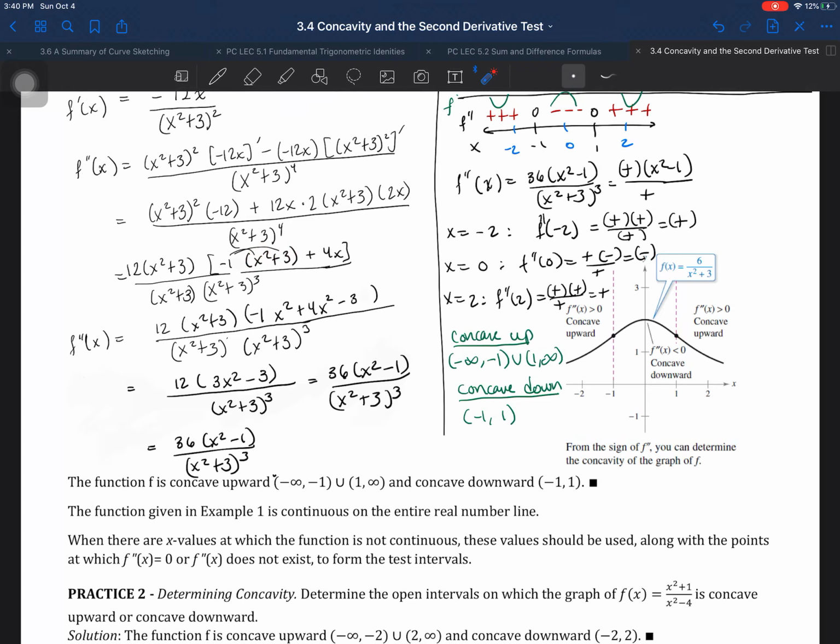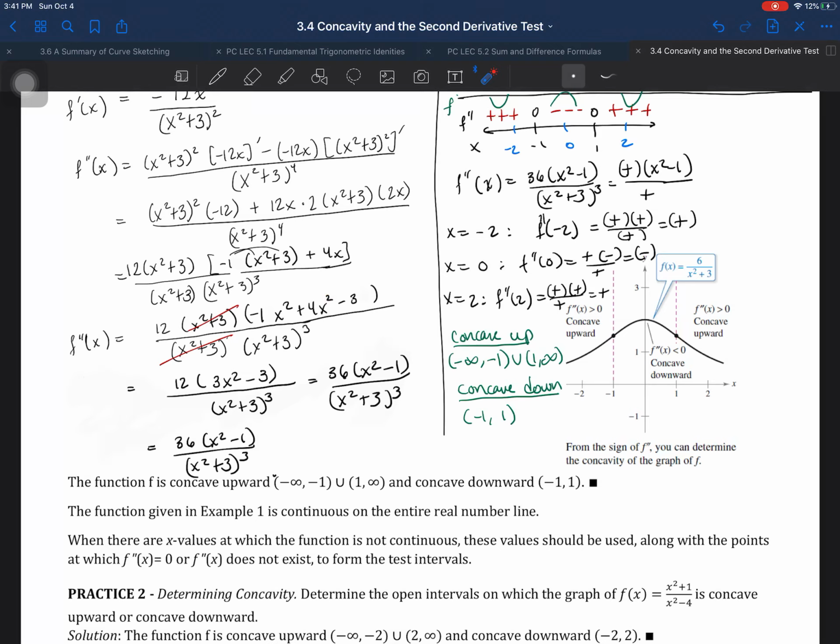And then you still have this over here, which is the denominator part. I ended up factoring the x squared plus 3, at least one of them, so you're going to be left with x squared plus 3 to the third here, because the next line will be to cancel those two. And then simplify as much as we can in here. Negative x squared is that one, negative 3 is that one, plus 4x squared.